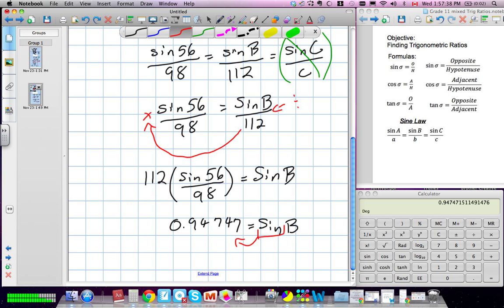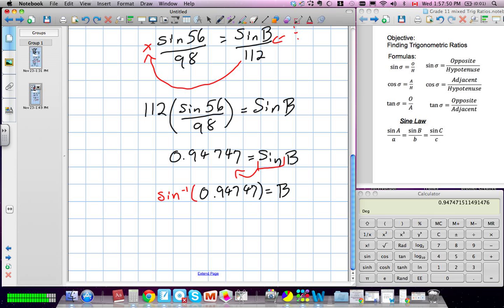B is equal to 71.3. So we can round that to 71. Our angle B, or Q as they named it, was 71 degrees.